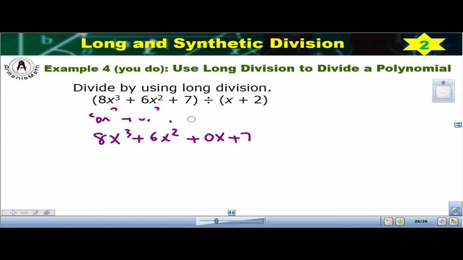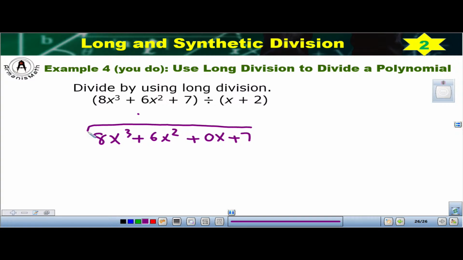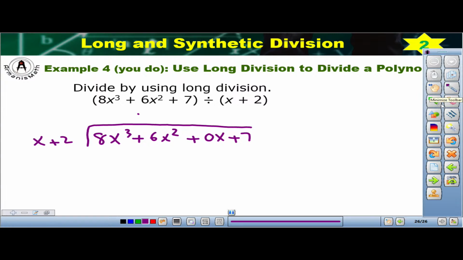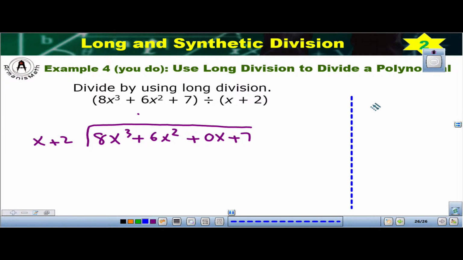And that is in standard form, with me supplying what's missing. And I'm dividing this by x plus 2. So I'm going to again go here on the side and do my doodling here on the side.